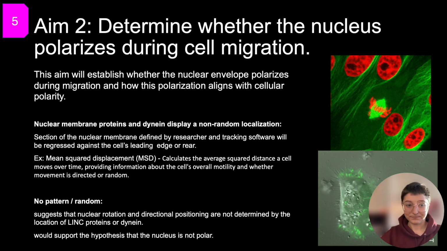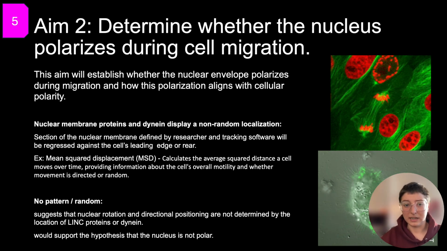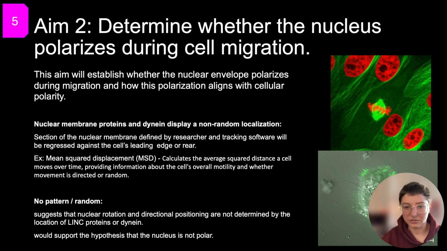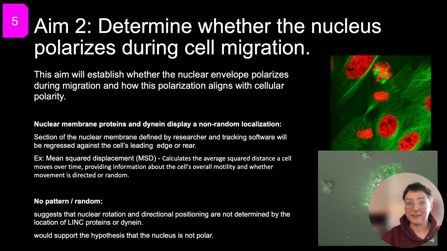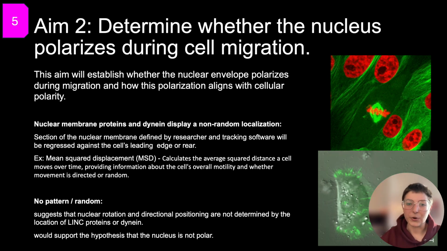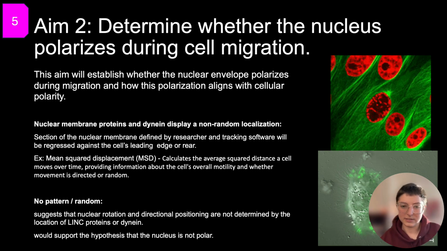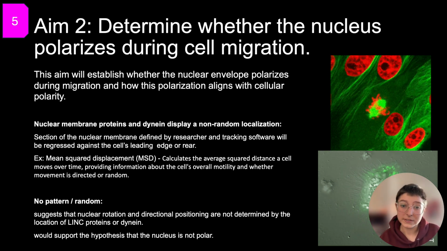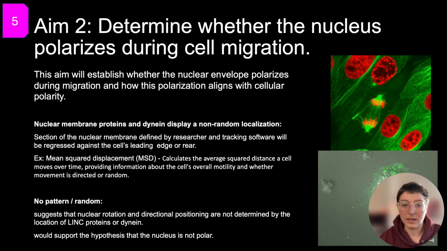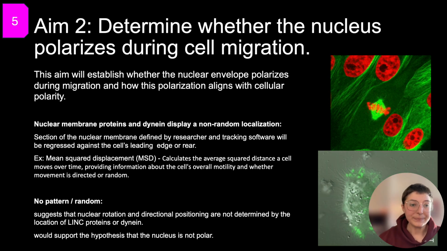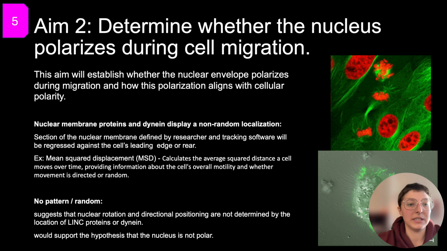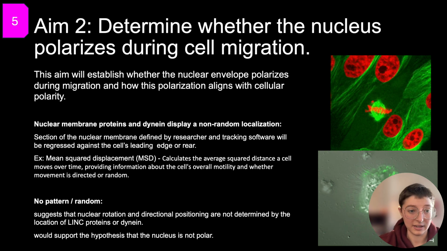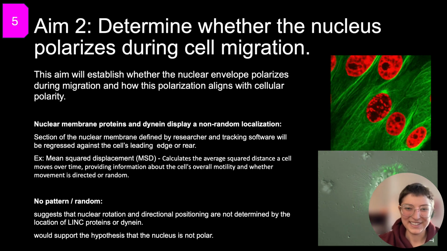So there's a bunch of different analyses or software that you can use to find correlations between this specific spot that you marked in the nucleus and the rest of the cell movement. So this is just an example. The mean squared displacement thing is just something I saw.